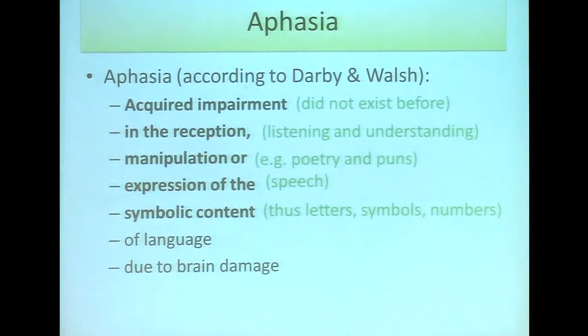But it also applies to other symbols, like numbers, due to brain damage, such as traumatic brain injury or stroke. So again, aphasia is not something you're born with. If you're born with a language problem, it's not called aphasia. It would be called something else. That is the definition of aphasia.